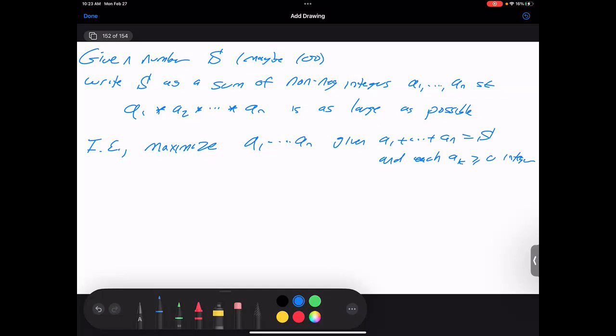So for example, I'm saying not just integers, but non-negative integers. Can anybody tell me why I want the integers to be non-negative?